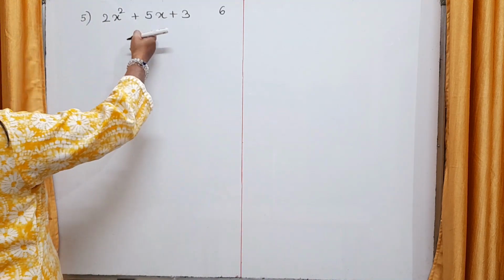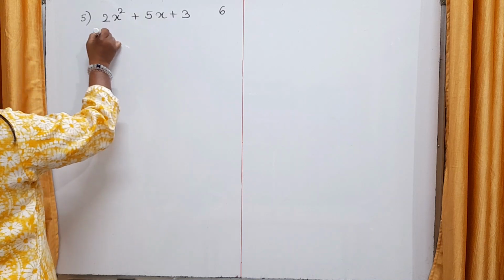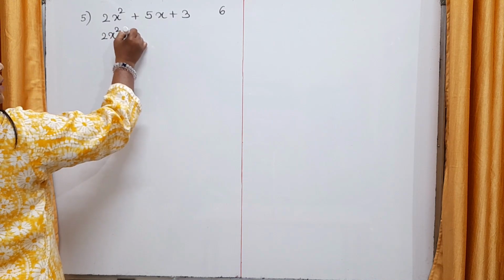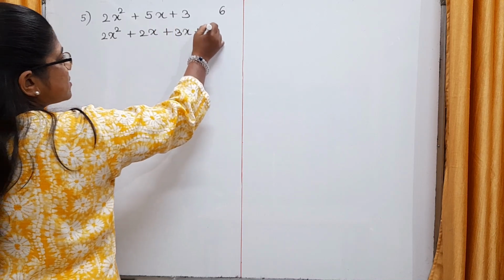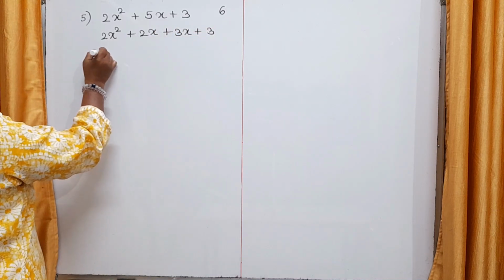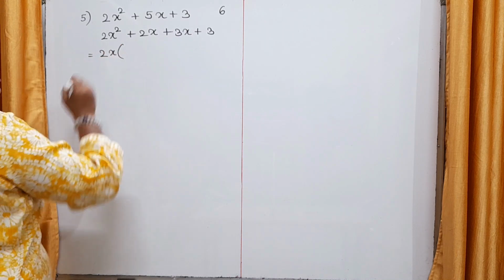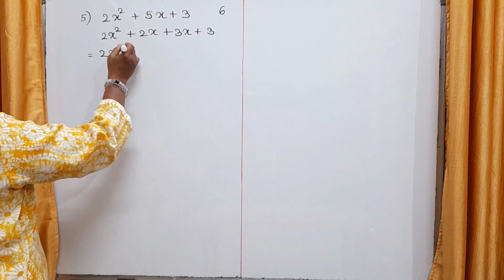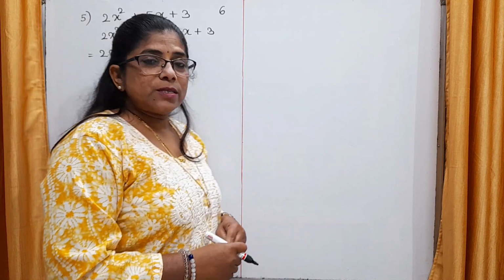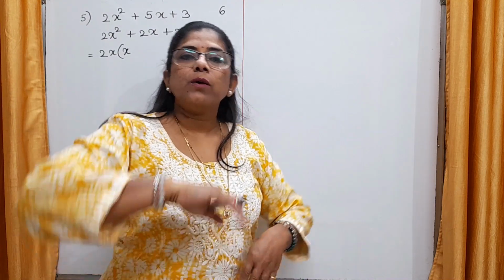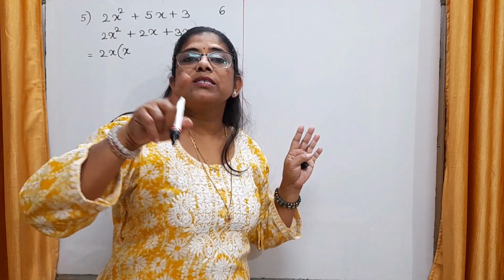So let's split this 5x as 2x and 3x: 2x square plus 2x plus 3x plus 3. Now in this case 2x is common. When we take 2x common, the remaining term is x. 2x is already out. Usually students make the mistake, as 2x is already out, they straight away close the bracket there, but it's wrong.